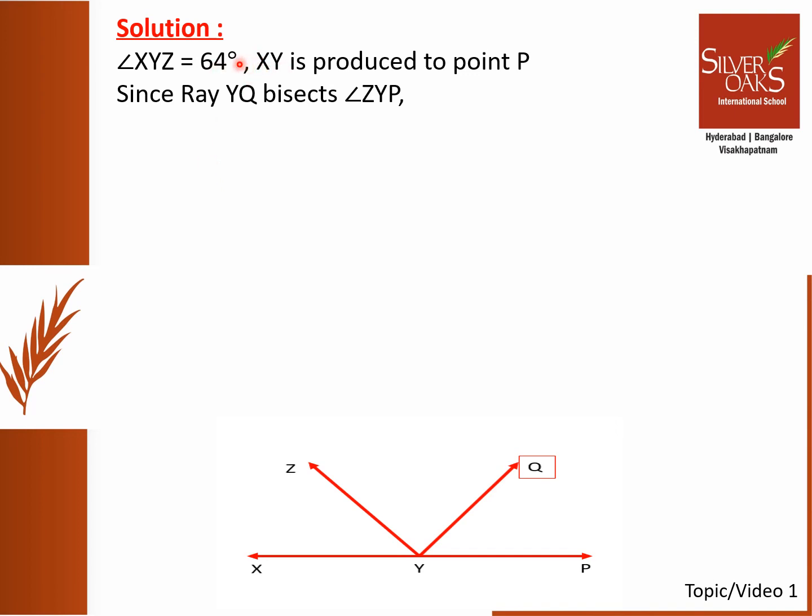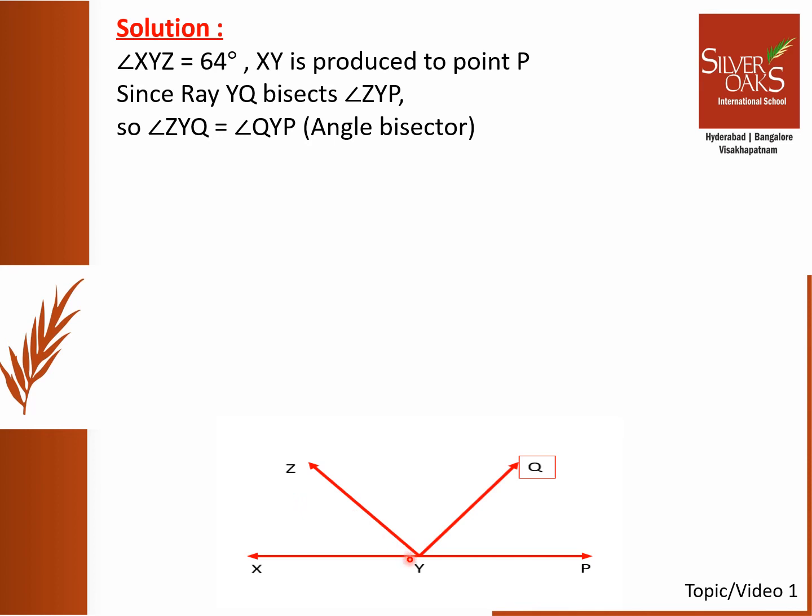Here, given XYZ is 64 degrees and XY is produced to a point P. Ray YQ bisects angle ZYP. What is the meaning of bisect? It will divide this into two equal halves, which is the property of an angle bisector. That's what we have written.